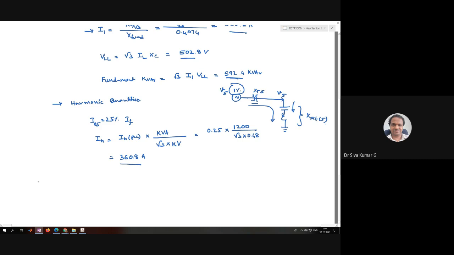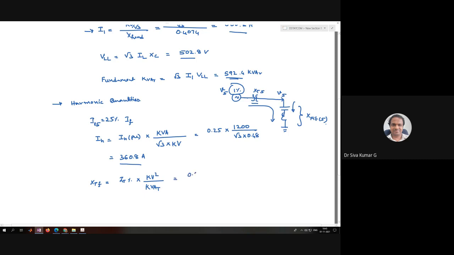First, we find out the fundamental XT. It is the per unit impedance of the transformer into kV square by kVA of the transformer.